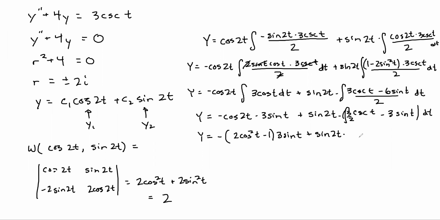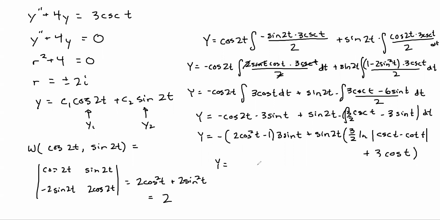The antiderivative of cosecant is going to be 3 halves natural log cosecant t minus cotangent t. And then for the second piece, we're going to have the antiderivative of negative sine, and the antiderivative of sine is going to be negative cosine. And so we're going to get positive 3 cosine t.